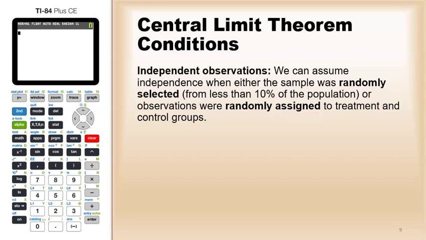What it means for us is that we can assume independence when either the sample was randomly selected from less than 10% of the population, or observations were randomly assigned to treatment or control groups. Either way, the key word here is random. Our sample needs to be random, either by selection or by assignment.